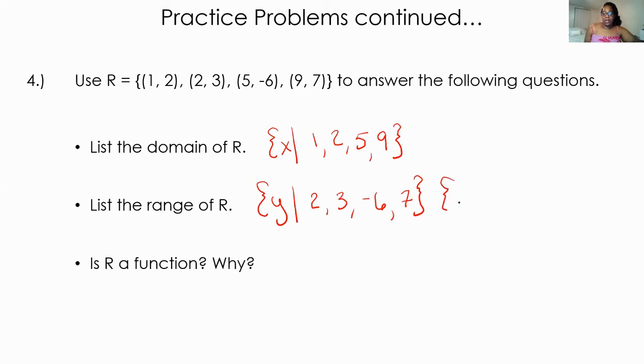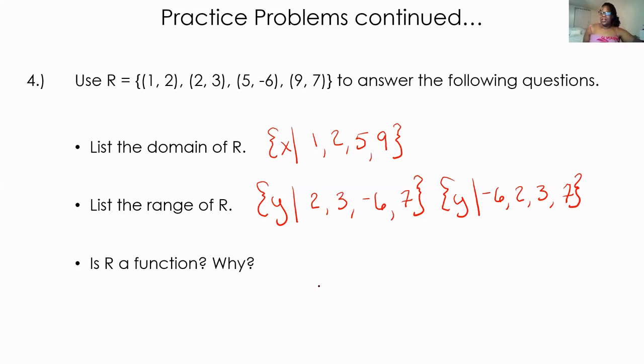So the set of y such that negative 6, 2, 3, and 7. I would take either one, but we like to be professional with this. So all you need to do is make sure that when you're listing your domain, you list it as a set. If you're listing your range, you list it as a set.